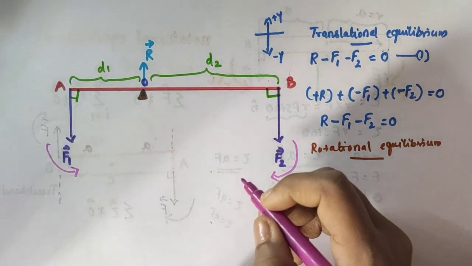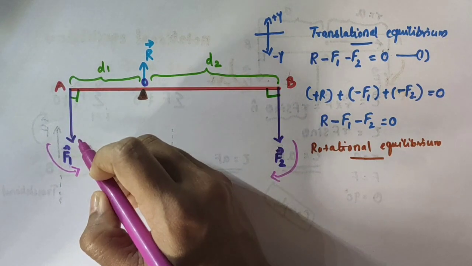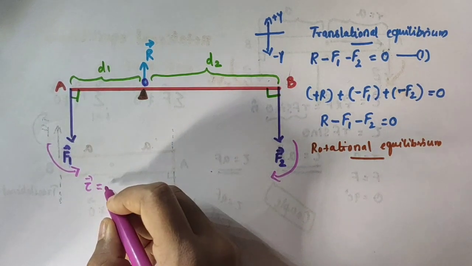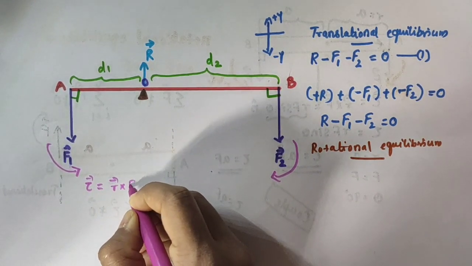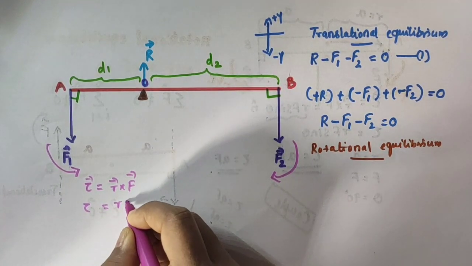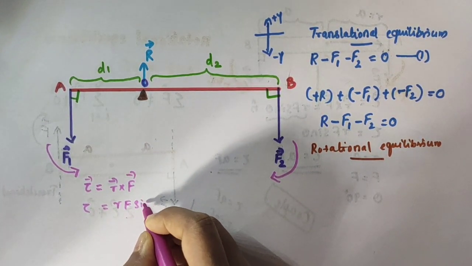The magnitude of the moment of force at A will be what? We have the moment of force or torque vector tau equal to vector R cross vector F. Its magnitude is tau equal to R F sine theta.